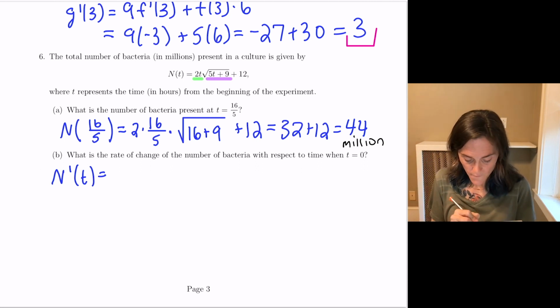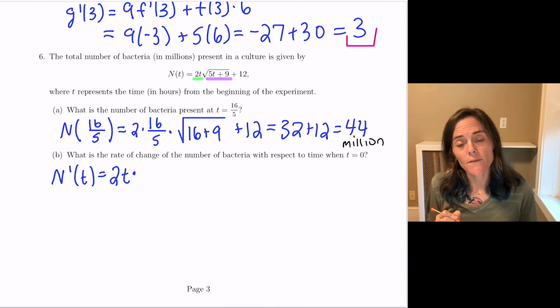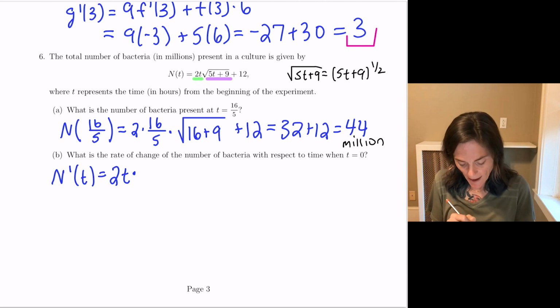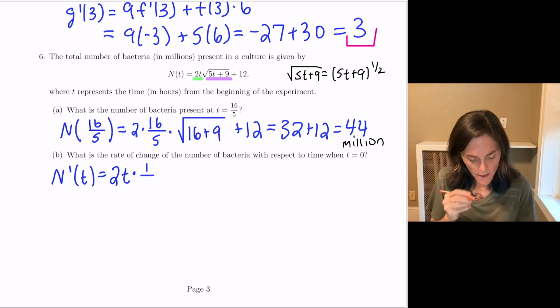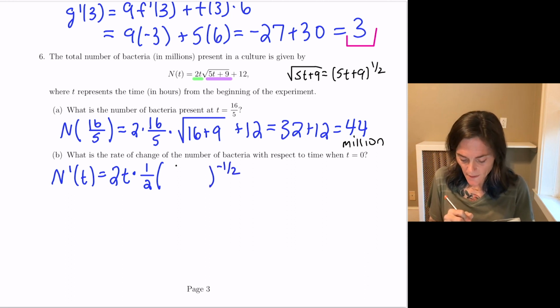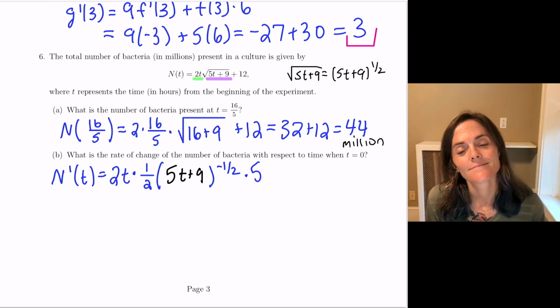Wonderful. Okay, first times. Well, the derivative of the second, we differentiate 5t plus 9 to the 1/2. We take the derivative of the outside, evaluate it at the inside, and then times derivative of the inside function.